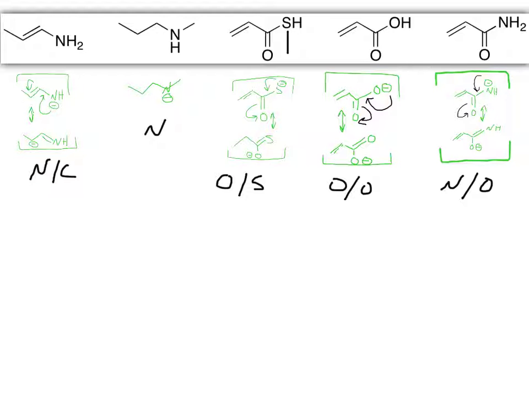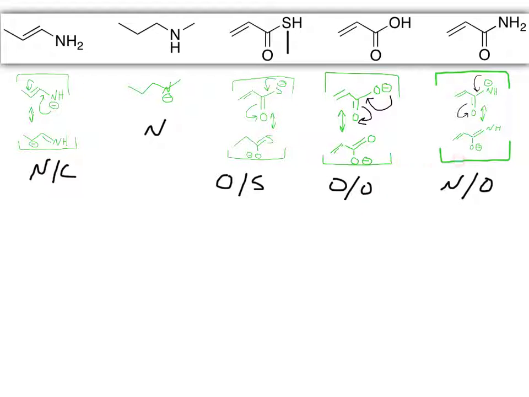Now, oxygen is more electronegative than nitrogen, so my next strongest acid is going to come from my next weakest conjugate base, which is one of these. It has oxygen. So in this case, charge is shared between oxygen and nitrogen, and in this case, two oxygens.